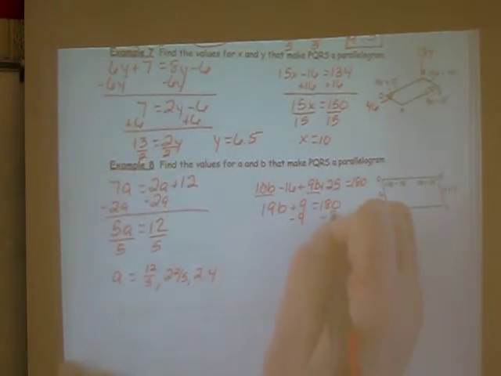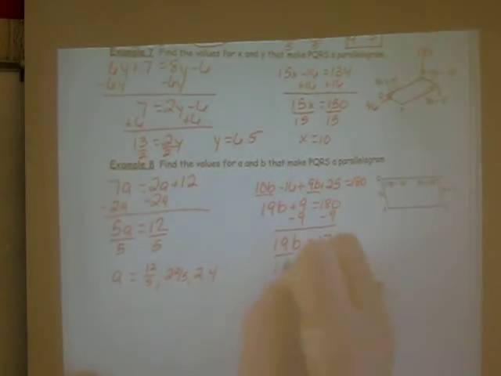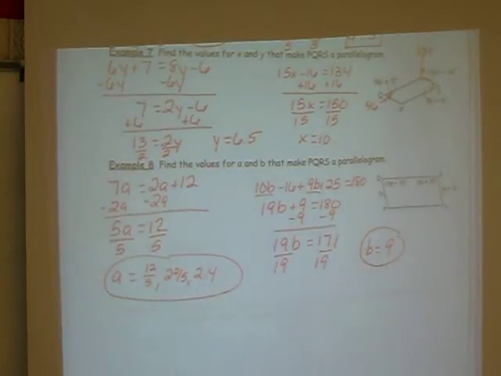Solving that, we subtract 9 from both sides, and we have 19b equals 171. And when we divide both sides by 19, b equals 9. And those are the two values that make that a parallelogram.